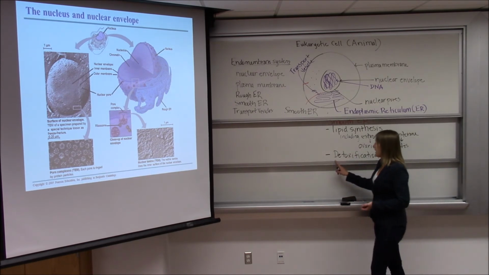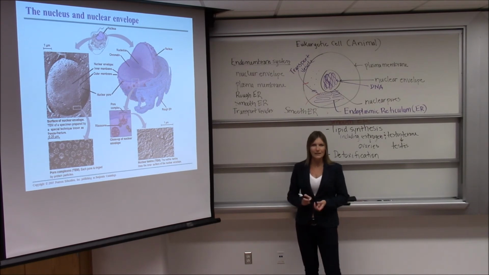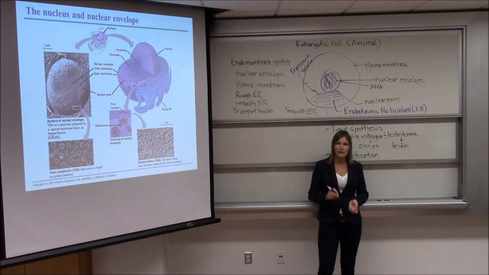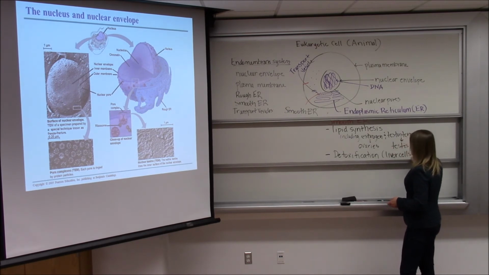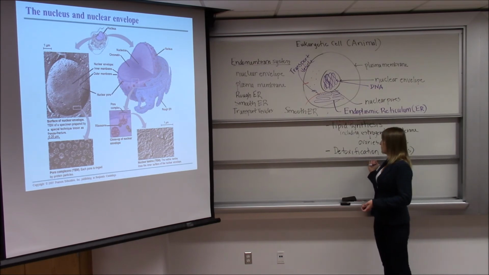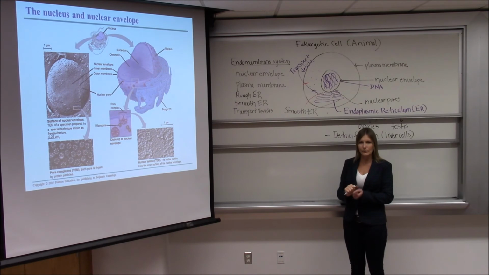So where would we find other cells packed full of smooth ER that are involved in detoxification? What organ in your body is involved in detoxification of drugs and alcohol? It's your liver. So liver cells might be packed full of smooth ER if you're taking a certain medication, legally or illegally, or if you drink a lot, you might have liver cells that are packed full of smooth ER.